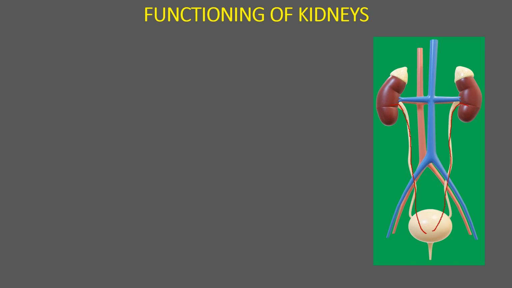As the urinary bladder fills, the central nervous system senses the pressure in the urinary bladder and gives an urge to urinate. Now from the urinary bladder, the urine moves out through an opening called the urethra. From the urethra, the urine is excreted outside. Like that, the kidneys are the filtering structures which filter the blood and remove the nitrogenous waste from our body. This is all about the structure and functioning of the kidneys.